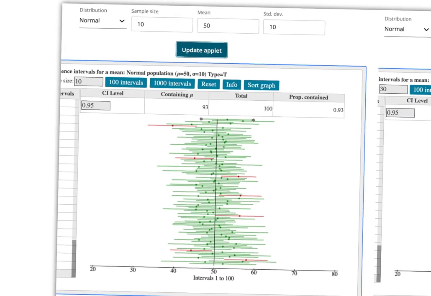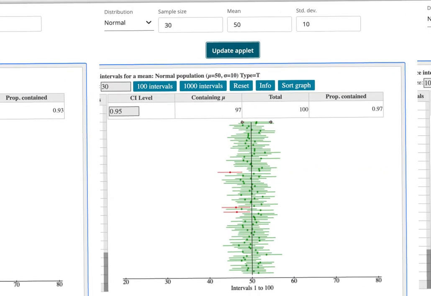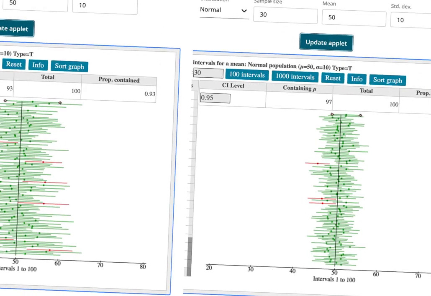So that's samples of size 10. This is samples of size 30. What happened in those intervals? How are those intervals different? Yep, the endpoints became tighter. They're narrower intervals.